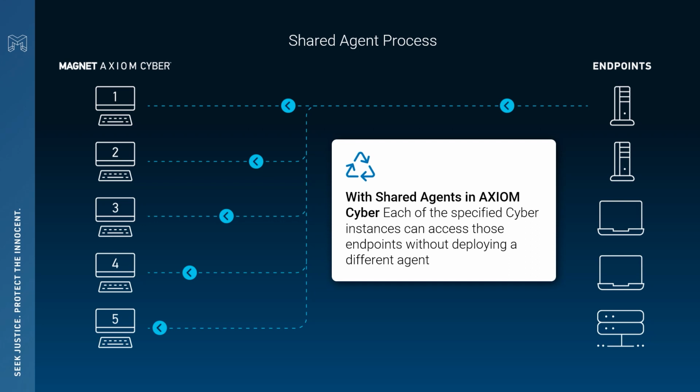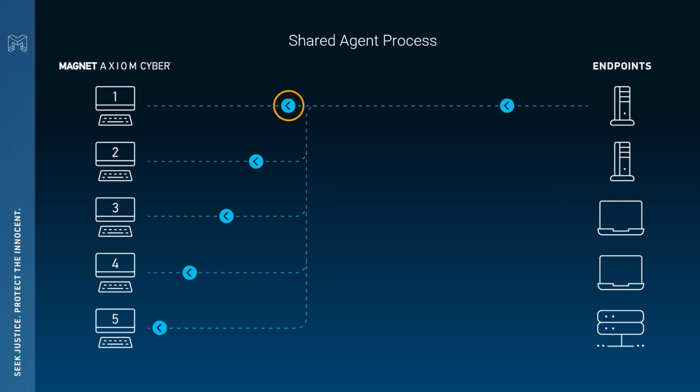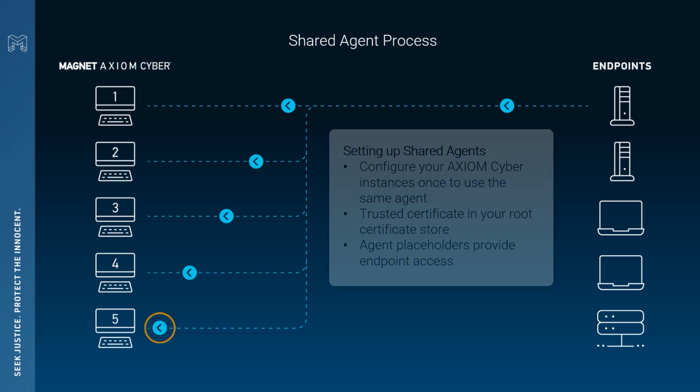So what that means is that this single agent will call back to each of your individual Axiom Cyber machines in what we call a round robin fashion. Now, of course, this isn't new technology, but it's something that we know that we can leverage inside of our agent to provide you with immense value and to get rid of all those headaches we just talked about.